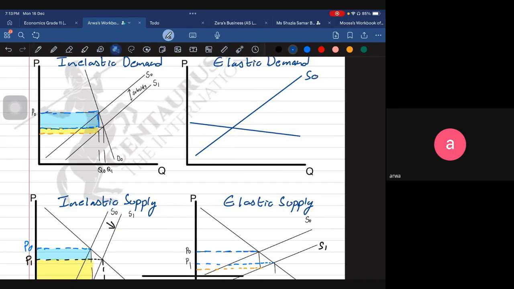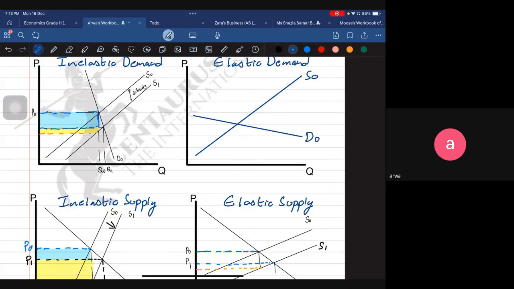and let me just adjust the demand curve. Okay, so the demand curve is more elastic, like this a bit. Okay, now this is the demand D naught.